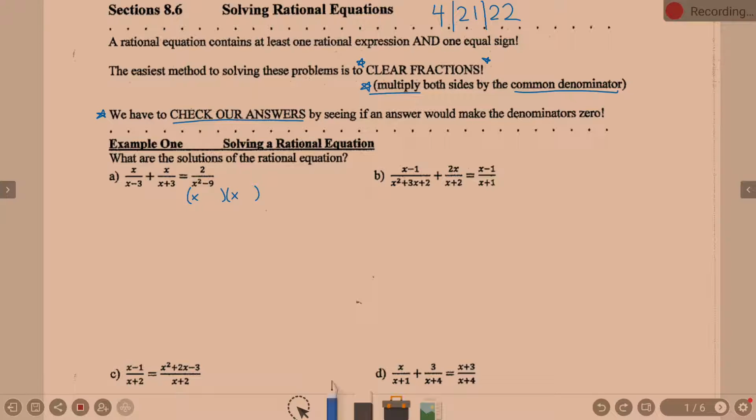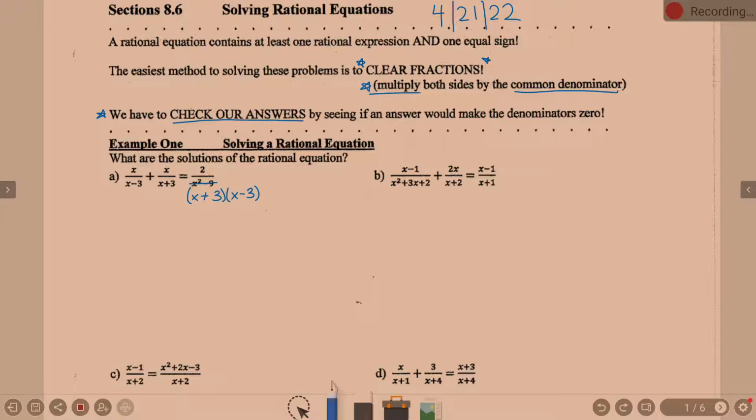The square root of 9 is 3. And when it multiplies to be minus 9, it's going to be a plus 3 minus 3. So that is what that denominator factors into. The other two denominators, x minus 3 and x plus 3, do they factor? No, they're already factored. And is it coincidence that there's overlap here? Definitely not. I would expect to see overlap.